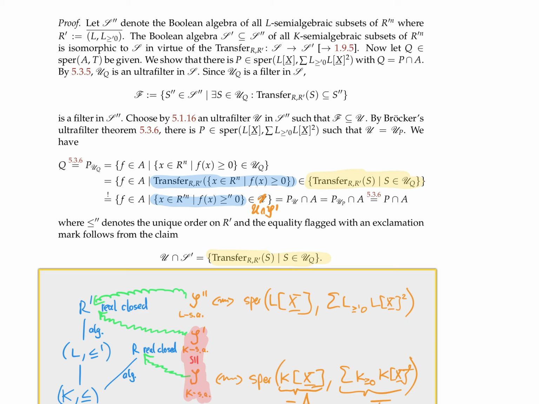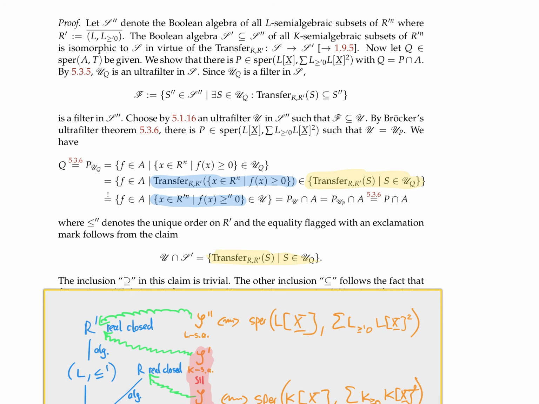But S prime was the Boolean algebra of K semialgebraic subsets of R prime to n, and that is such a subset, right? So that this is an element of S prime is anyway trivially true, so I can forget about that here. Good. So what remains to show is this, and here there is one trivial direction and one non-trivial direction.